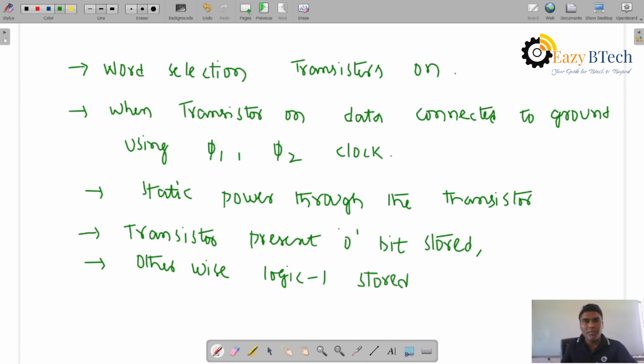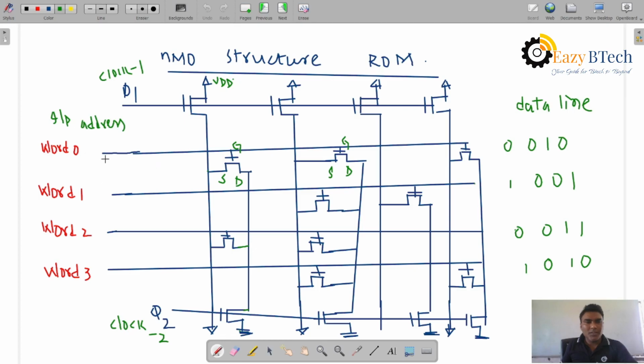So in the ROM structure, let us take n address lines and m output lines, m bit lines. We can see these are the bit lines, 1 2 3 4 bit lines. The columns are bit lines, and n are the address lines.